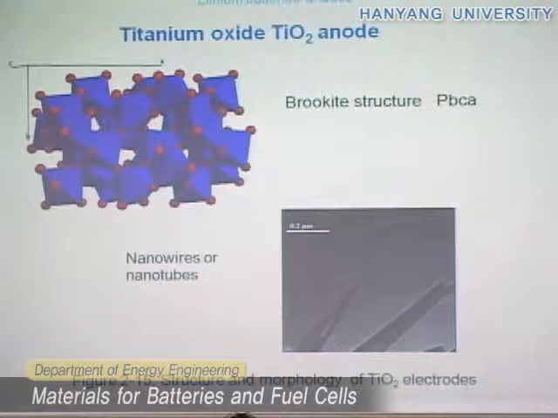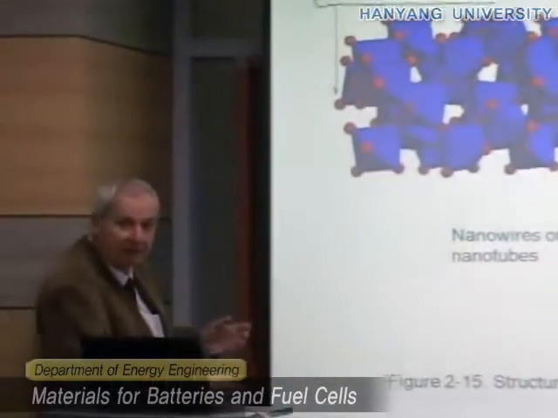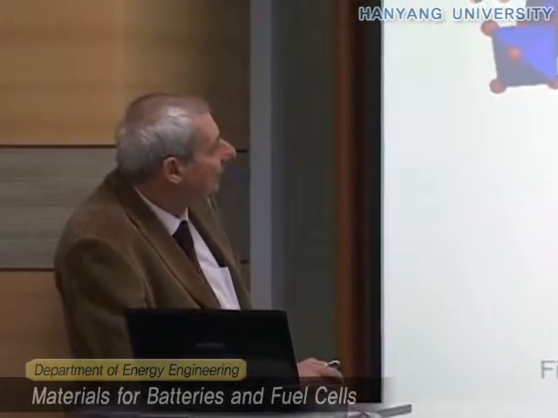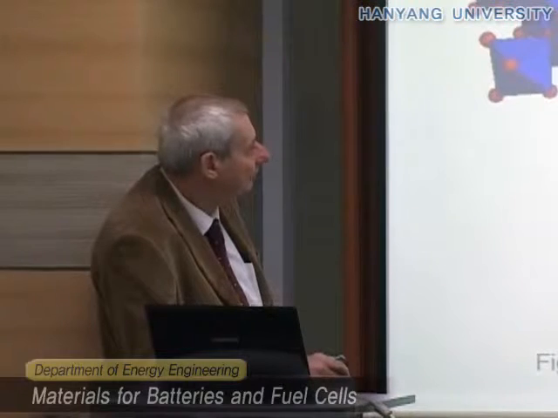And if you prepare this structure in the normal way, it is difficult to have a very fast electrochemical reaction. So the way to make this material feasible for battery is to go into nanostructures.